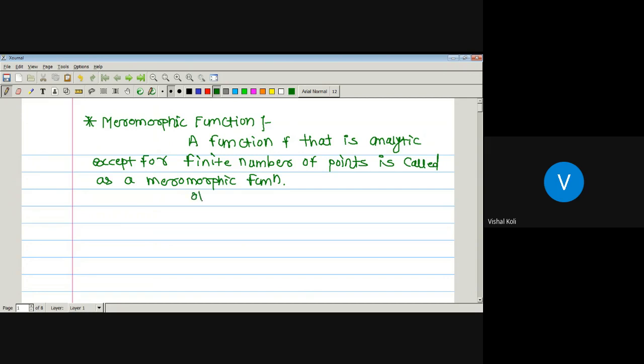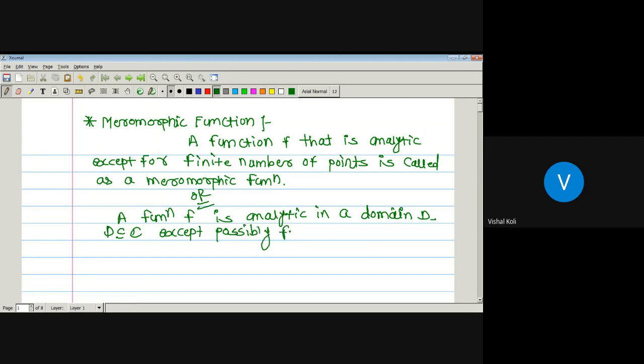There is one more definition of this function: a function f is analytic in a domain D, where D is a subset of C, the complex number system, except possibly for a finite number of points that are poles. It is called a meromorphic function.